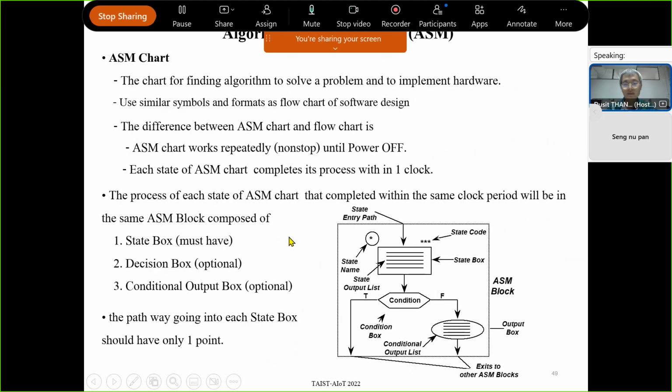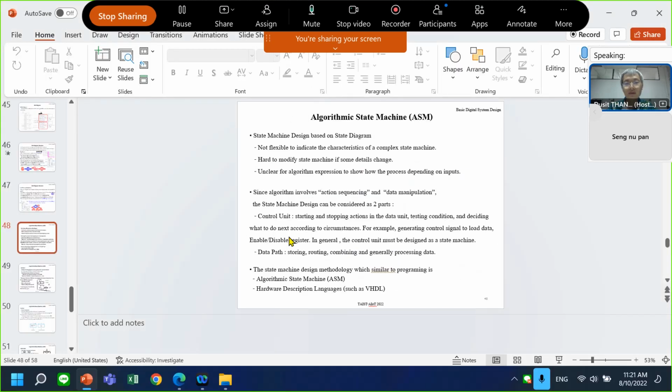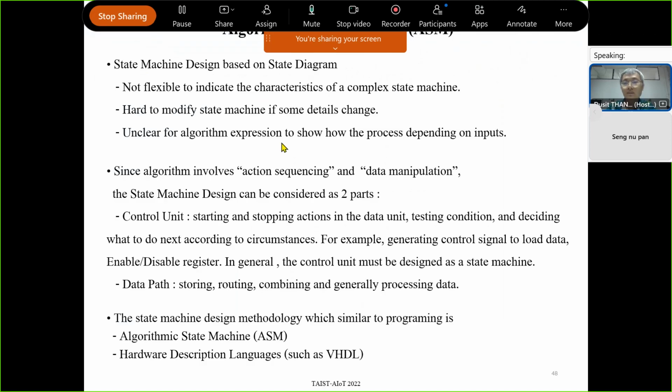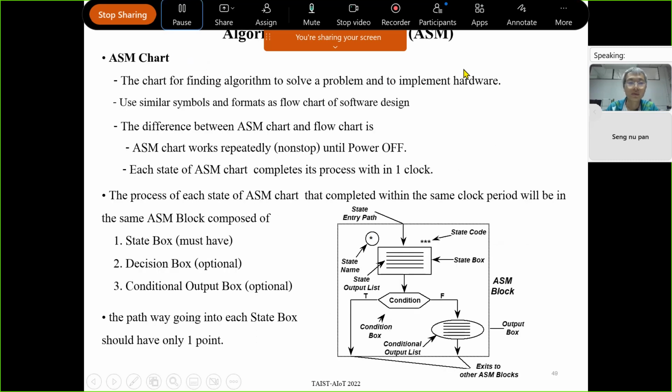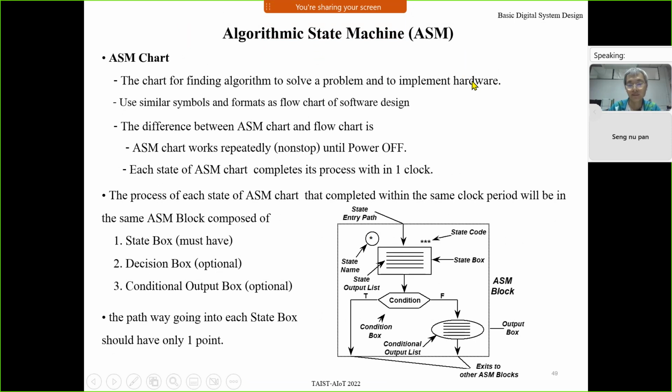Now let's introduce more techniques to do the design.